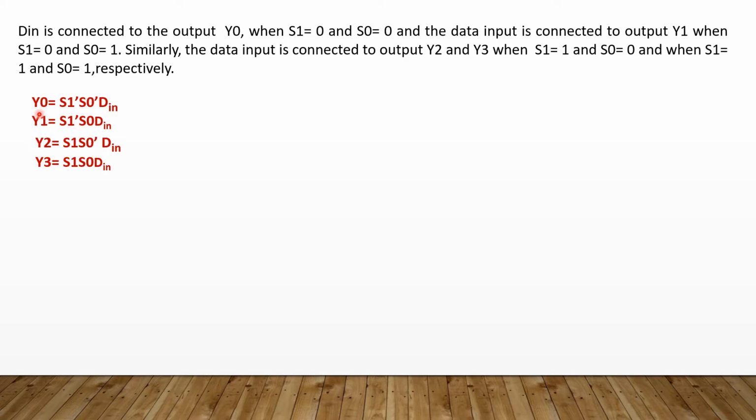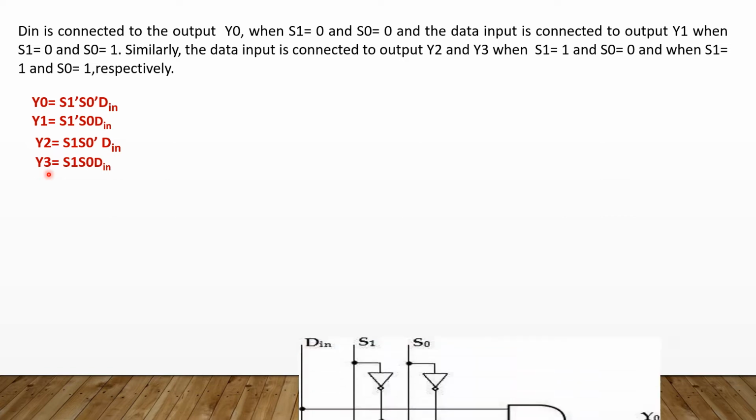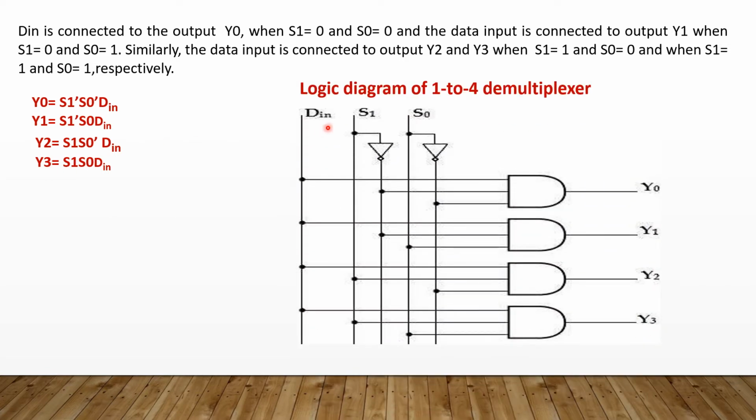When both S1 and S0 are equal to 0, we'll be getting the output through Y0. When it is 0, 1, we'll be getting the output through Y1. When the selection line input is 1, 0, we'll be getting the output through Y2. And finally, when both the selection line inputs are equal to 1, we'll be receiving the output through Y3. So finally, you can draw the logic diagram for the 1 into 4 demultiplexer.